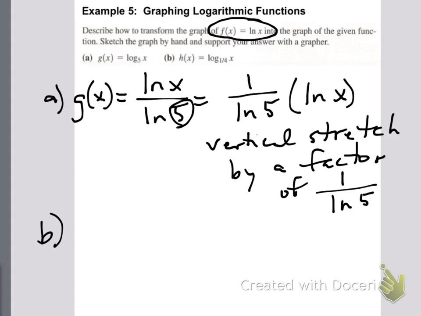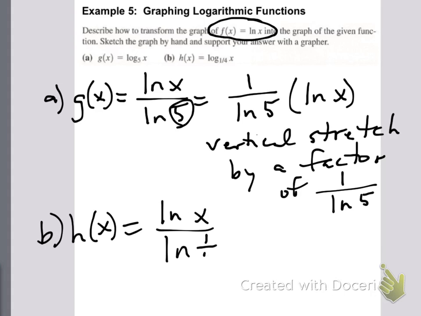Now, part B, we do our change of base again, except this time it's ln x over ln 1/4. Remember, we can rewrite 1/4 as 4 to the -1 power.